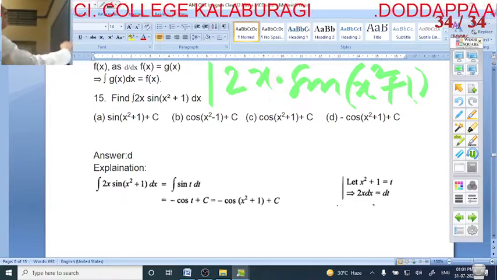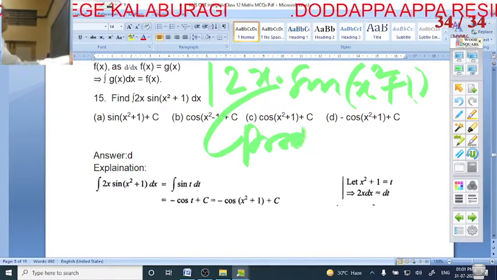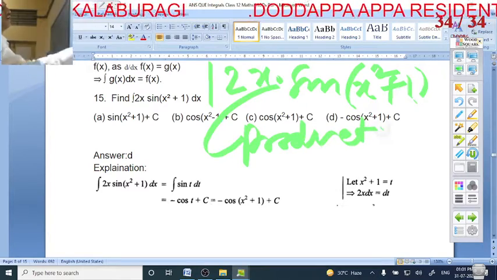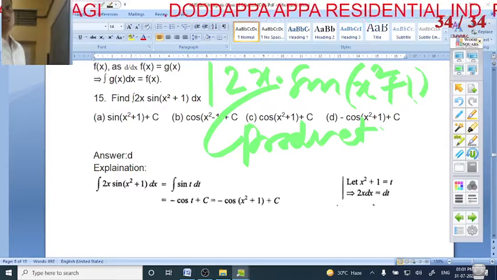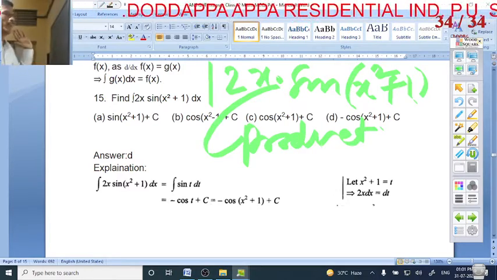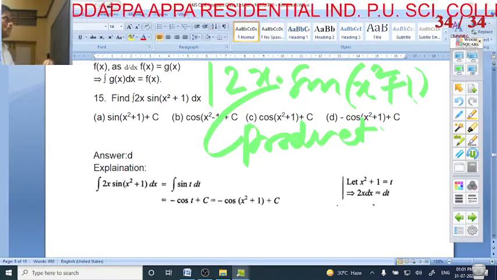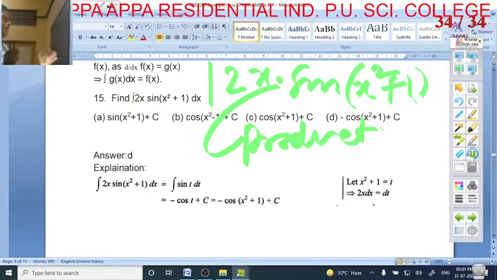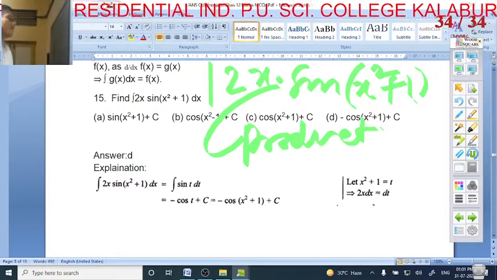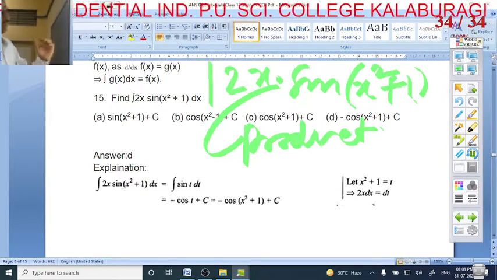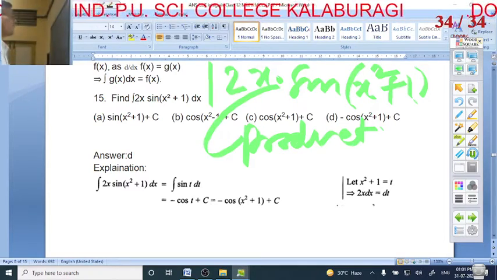Keep in your mind, these two are in product. Here you may use integration by parts or the substitution method to integrate such functions. Unnecessarily applying integration by parts is a waste of time. You have to substitute in such a way as to reduce it to the standard form.